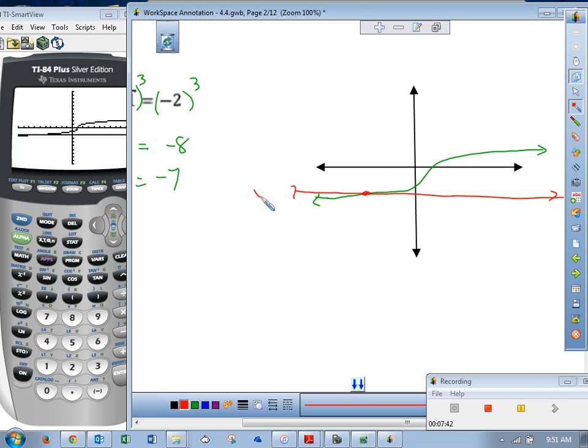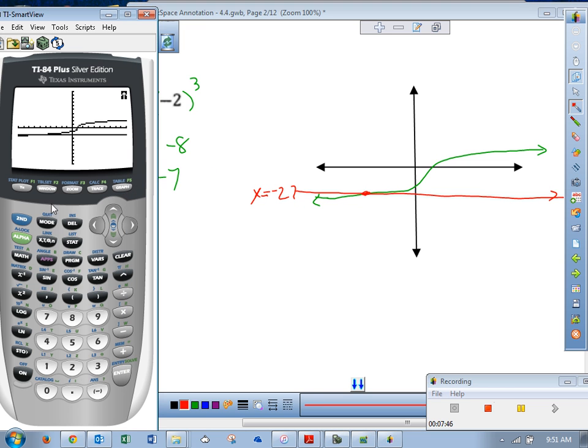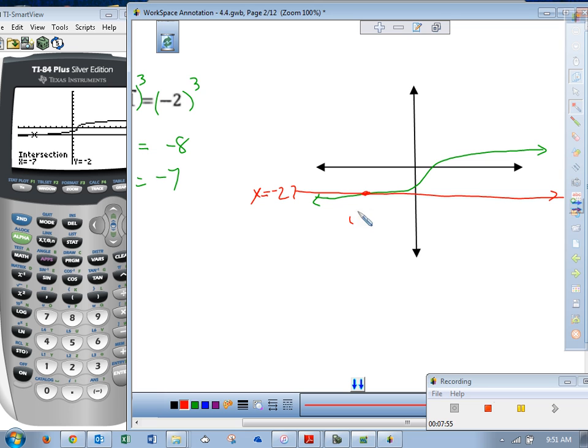That's y equals -2. And then I do my intersection, and they better intersect at the place that we found algebraically. -2 was a y, -7 in our situation was x. Feeling good about it so far?